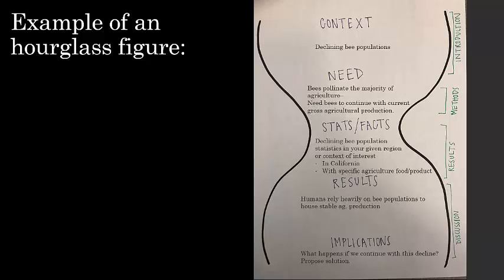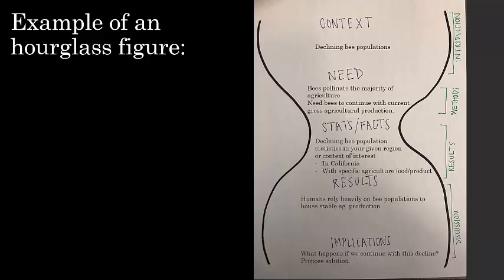So the next thing you're going to do is the stats and facts, which is basically looking at all of the information that you've gathered in your research and thinking about all the statistics, all the results of studies that you've read. How is that discussing the need? How are you answering the question of focusing on the declining bee populations?